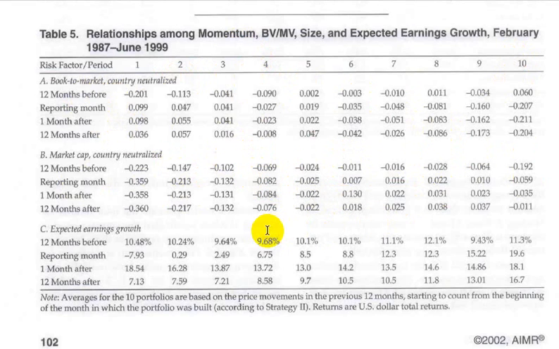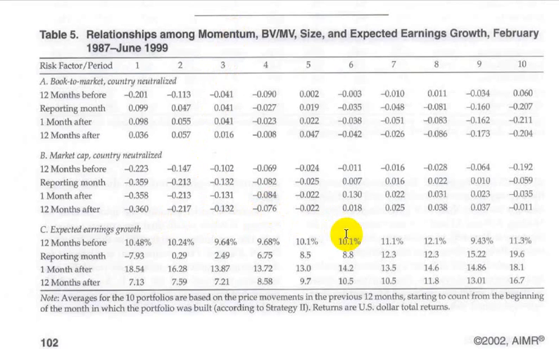So next, the authors are looking at the expected earnings growth and how it relates to momentum. So the thought is that momentum might occur because of the inefficient incorporation of earnings expectations into securities prices. So therefore, the higher momentum companies should have higher expected earnings growth.